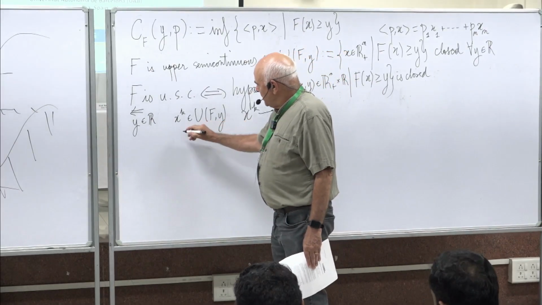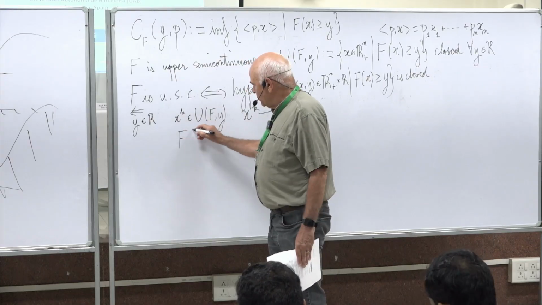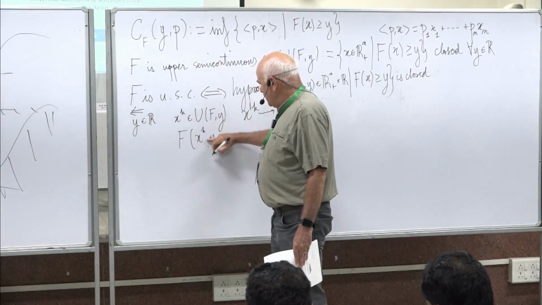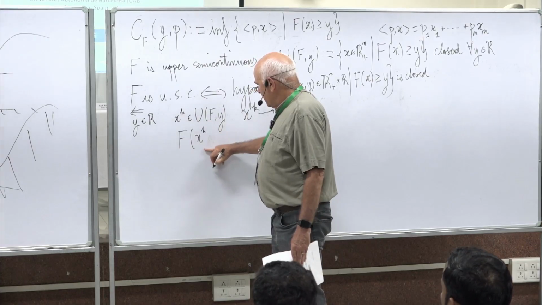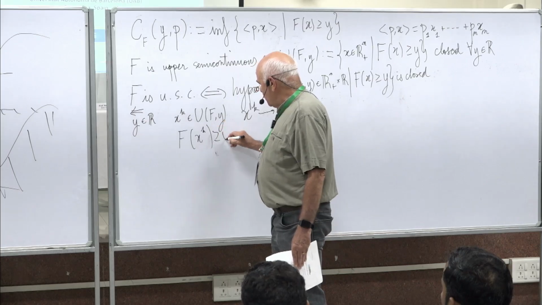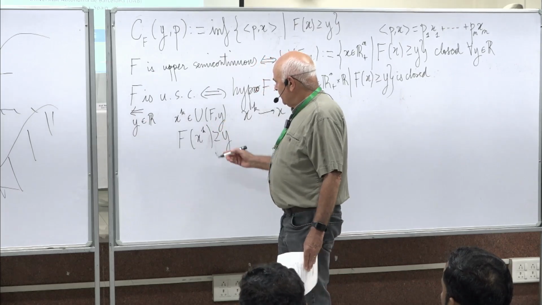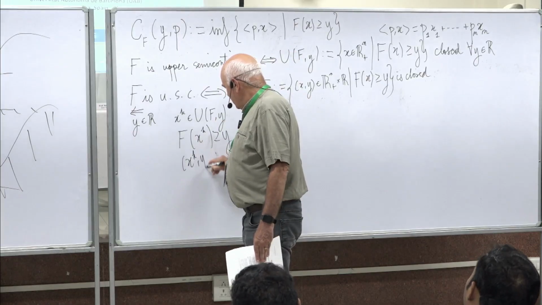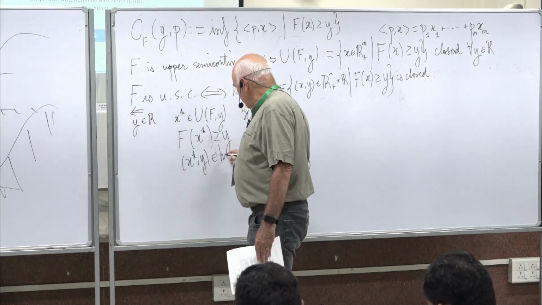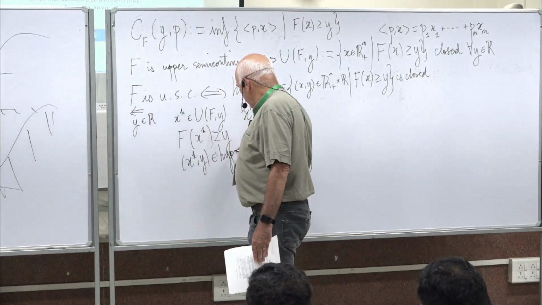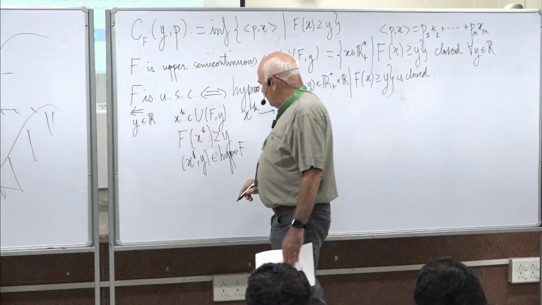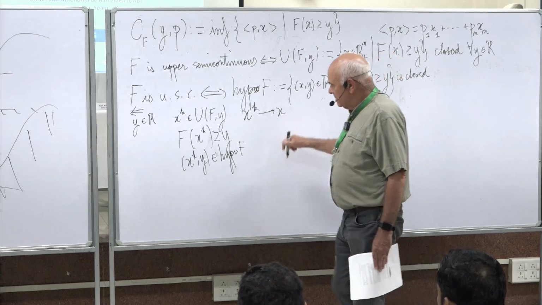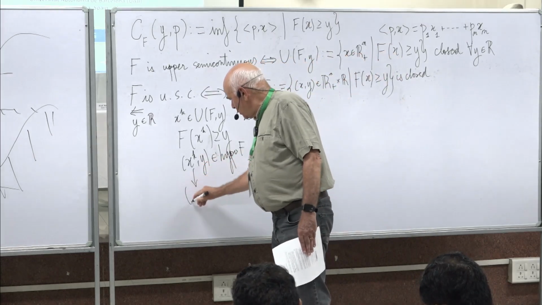But then, this condition means, by the definition of upper level set, that f of xk is greater than or equal to y. But this means that the pair xk, y is in the hypograph of f. And because xk tends to x, this pair tends to (x, y).